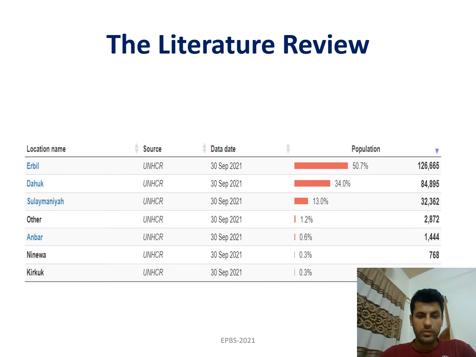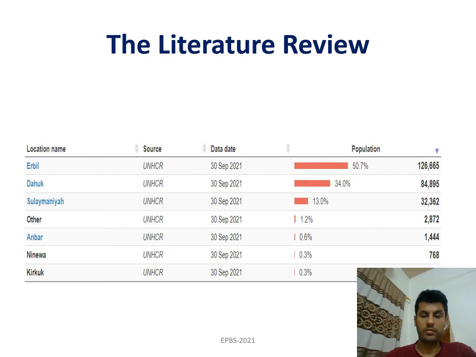So according to UNHCR, the distribution of refugees in Iraq is like this, mostly in the north provinces in Kurdistan. As you see in Erbil, for example, 50% of the refugees are in this province.